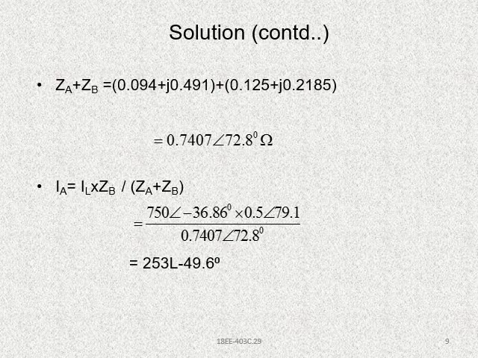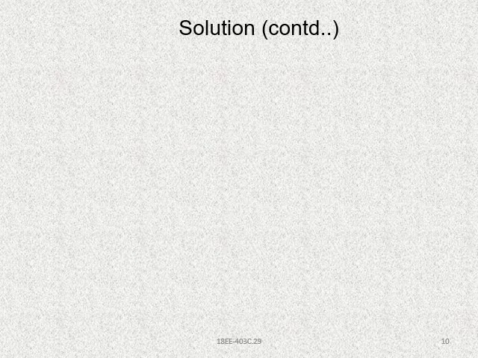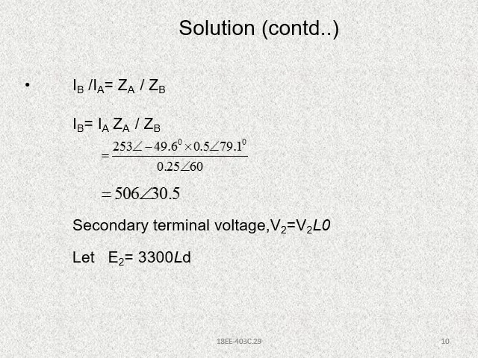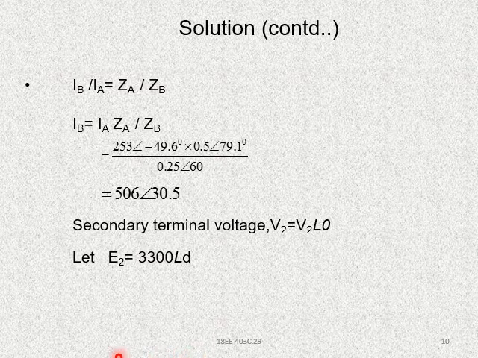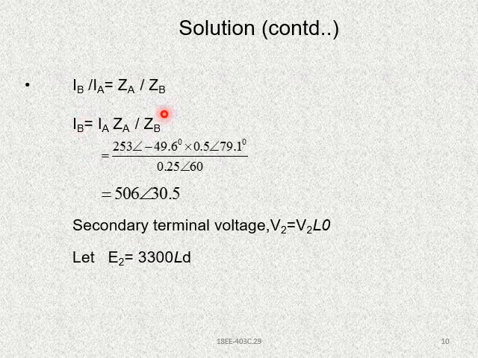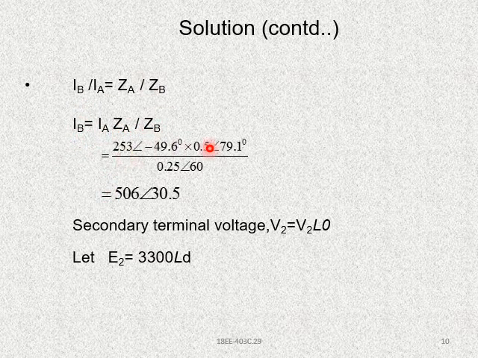And moving on to the next slide. 3300 at an angle of 0. Just make a note of this. IB by IA is equal to ZA by ZB, and IB is equal to IA into ZA by ZB, and we have all the values of IA, ZA and ZB.